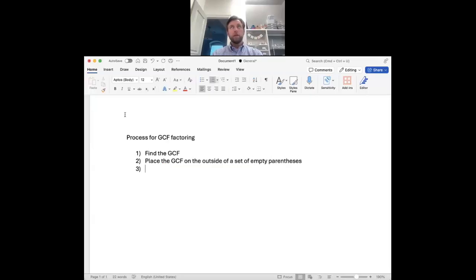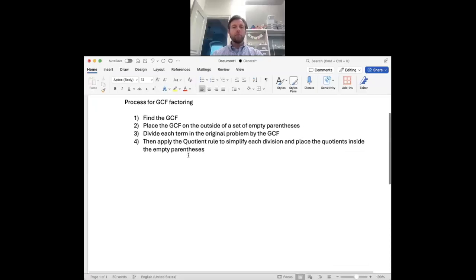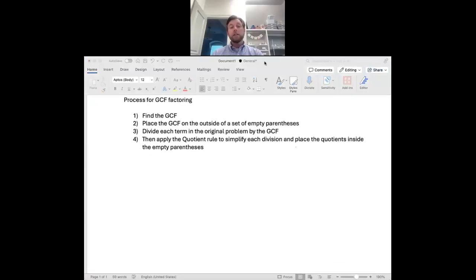Step 3, divide each term in the original problem by the GCF, then apply the quotient rule to simplify each division and place the quotients inside the empty parentheses. Okay, so that's our process for factoring. So let's keep going with it. We saw an example, so let's do another example to help us out.